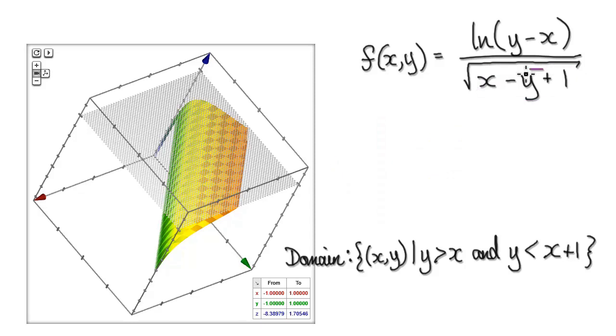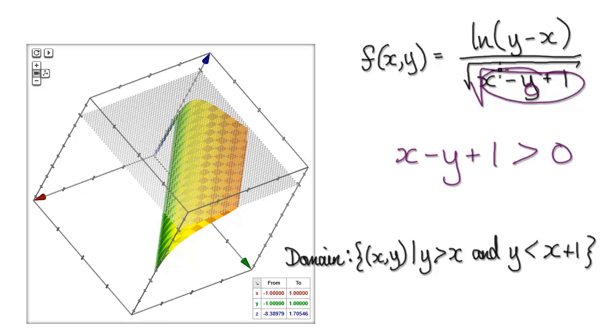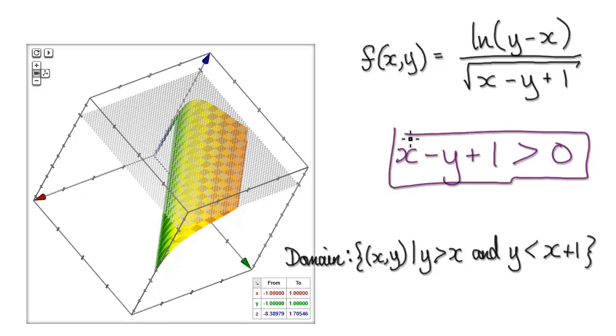So we need to demand that this thing be greater than 0. It cannot be greater or equal to, because if this thing here is 0, then when you square root 0, the denominator will be 0. So it cannot be 0. So we need to make this demand.